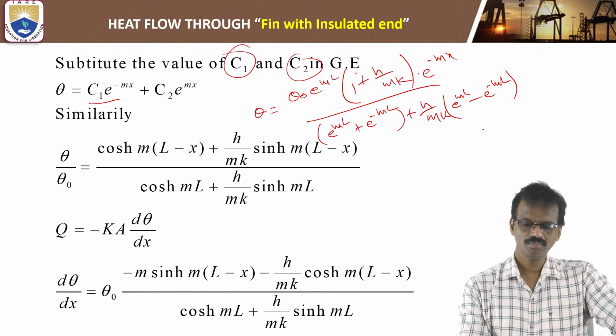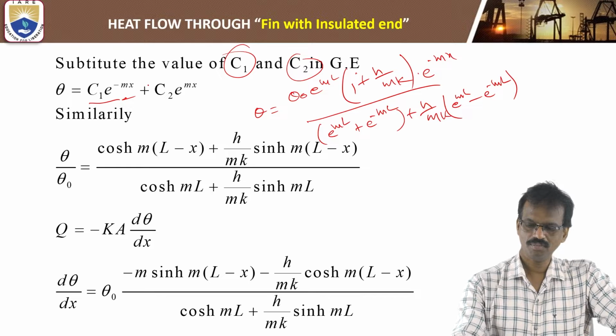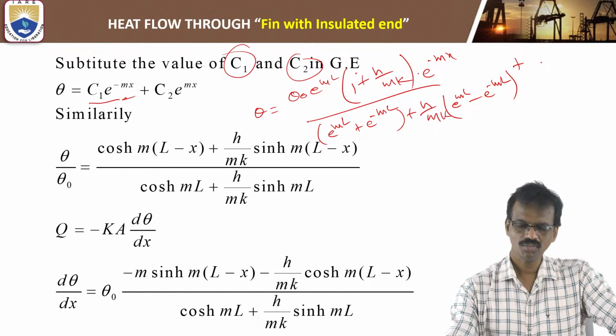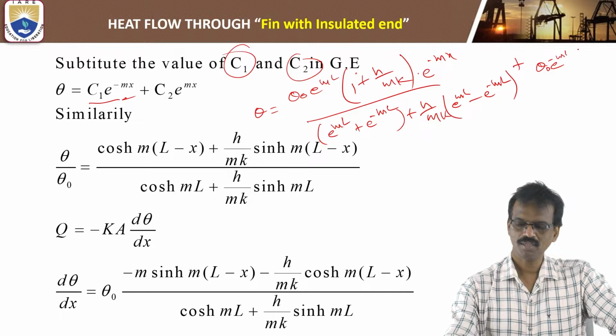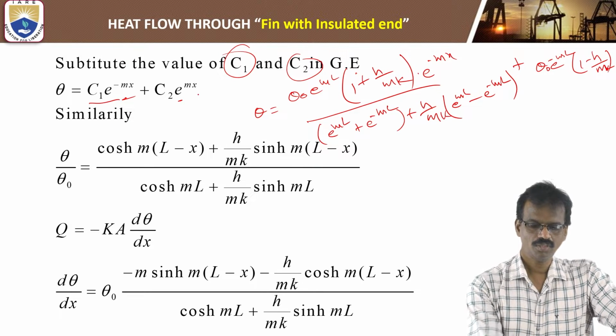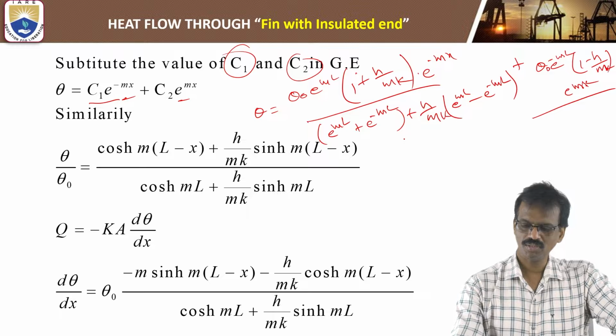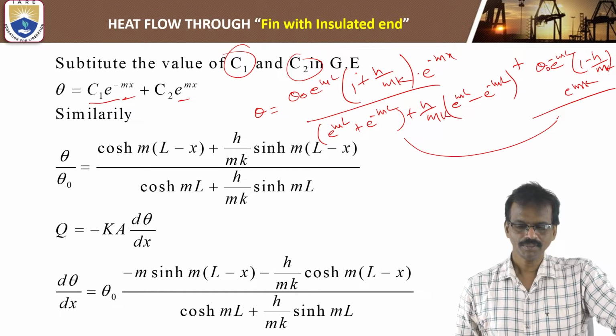So this is the term. Plus C2. What is the C2 value? C2 value is equal to theta naught into e to the power of minus ml into 1 minus h by mk, into e to the power of mx, divided by the same term, here also the same term.